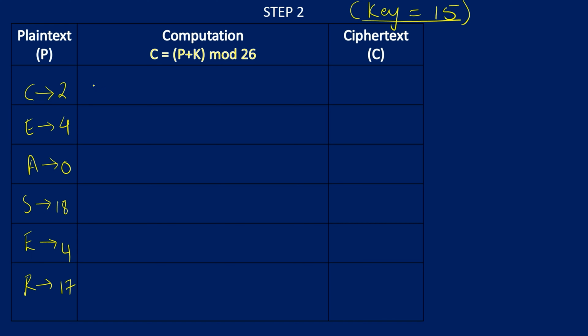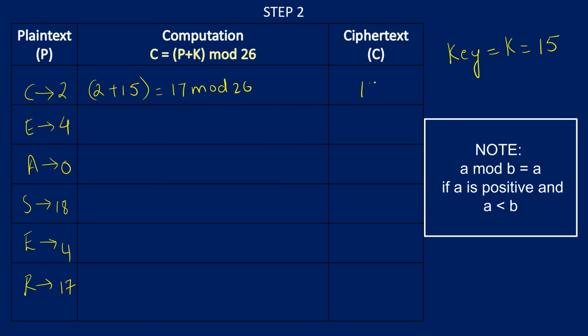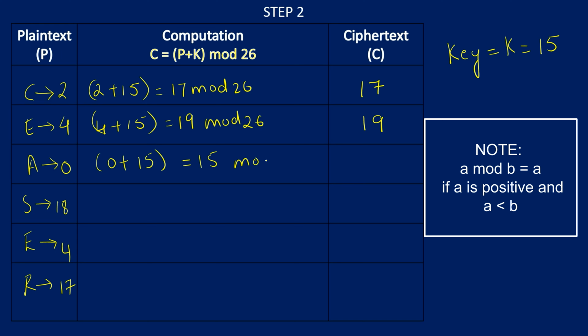Our first plain text number is 2. 2 plus 15 is 17 mod 26. Since 17 is less than 26, we keep 17 as it is. The next number is 4 plus 15, which comes out to be 19 mod 26, and since 19 is less than 26, 19 remains as it is. The next number is 0 plus 15, which is 15 mod 26. Again, since 15 is less than 26, 15 remains as it is.